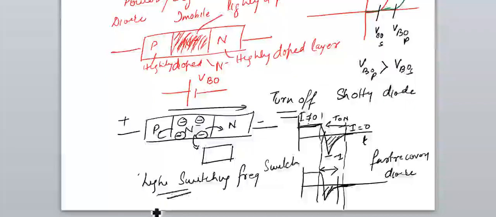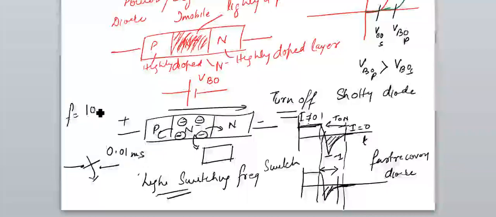We require this fast recovery diode because our function is on and off of the switch, and this on and off happens in about 0.01 milliseconds. Like if the frequency is 10 kilohertz, the time will be 1 upon 10.